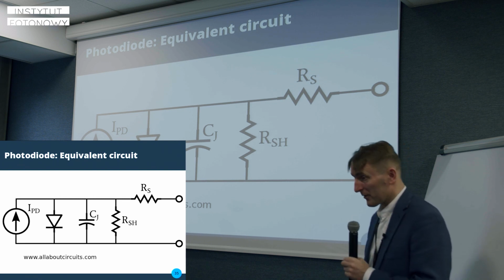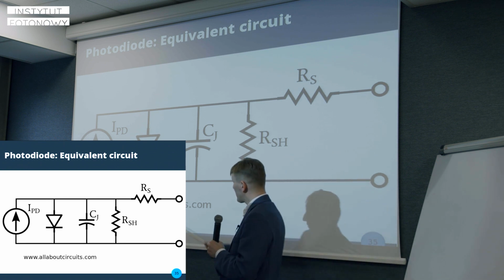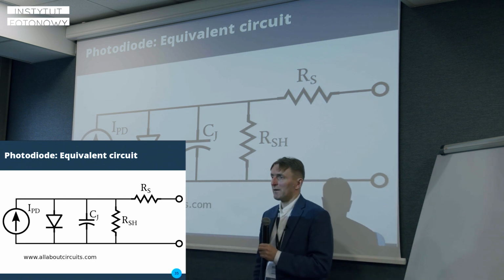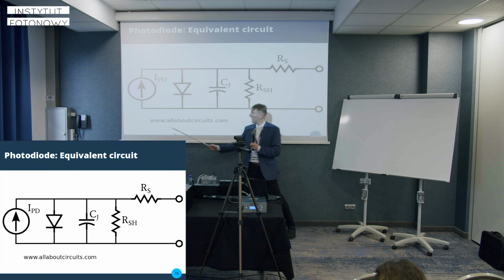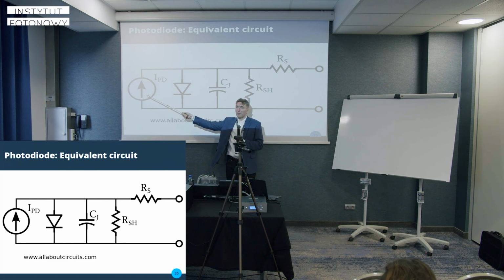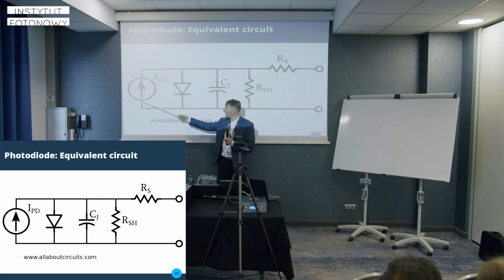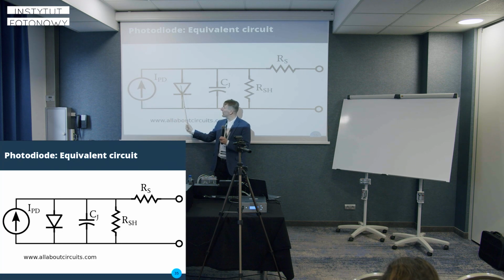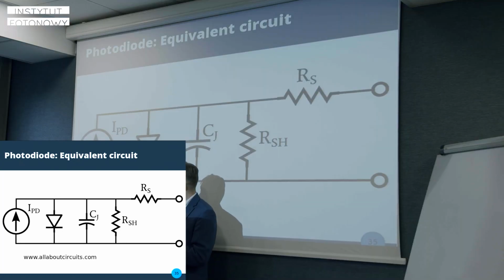But here is how it goes. You have a PN junction that is represented here by an ideal diode, and in parallel you have a current source that goes opposite to this triangle. So it will not be the forward current, but the reverse current in the photodiode. If you have light, this will be represented by this pump here that produces current.